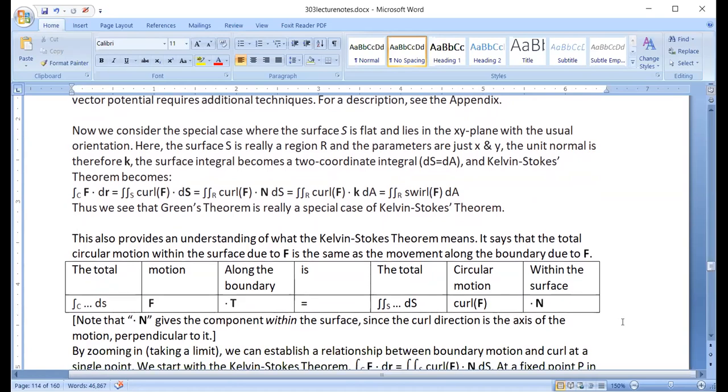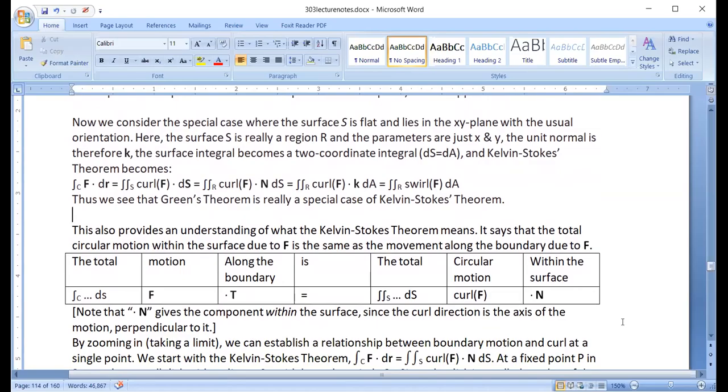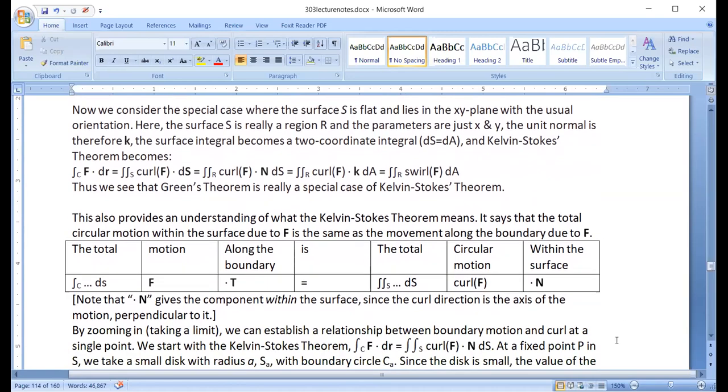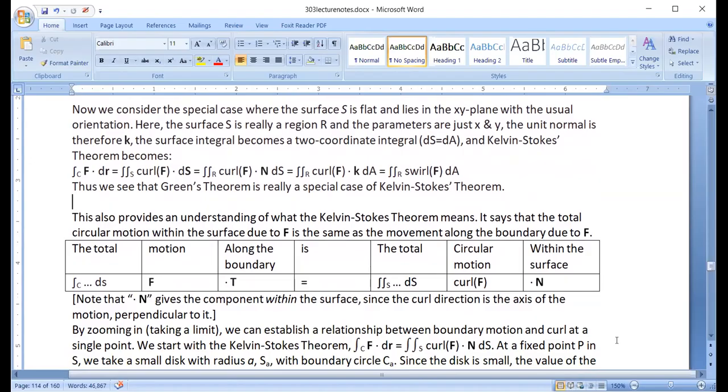So what we're going to do is zoom in and look at what Kelvin-Stokes theorem means at a point or in a very, very small region. So first, let's start with the Kelvin-Stokes theorem, written out with the dot n. And now let's think about it this way. What if we're at a fixed point P in our surface?